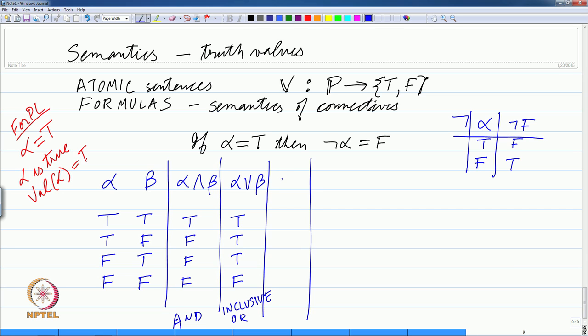Then let us do a couple of more. Equivalence. So, when I write equivalence here, it means alpha equivalent to beta. So, both must have the same value, in which case it is true. When both have the same value, it is true, and otherwise when they have different values, it is false.